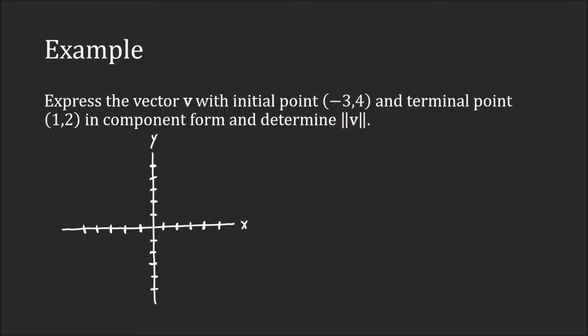So our vector v had the initial point of negative 3, 4. There's negative 3. There's 4, so there's the initial point. It had terminal point 1, 2. So there's our original vector v.